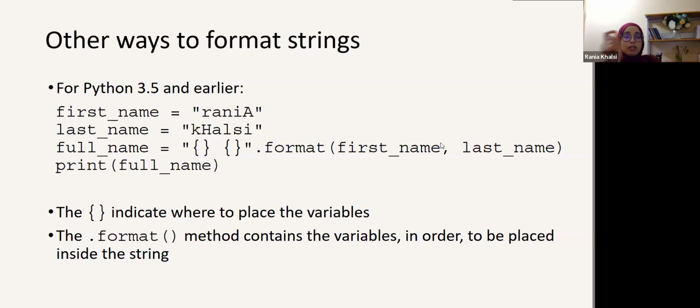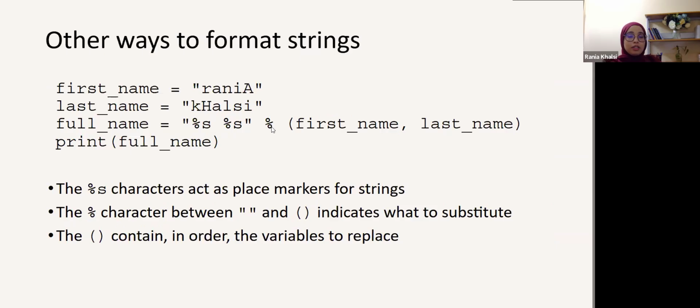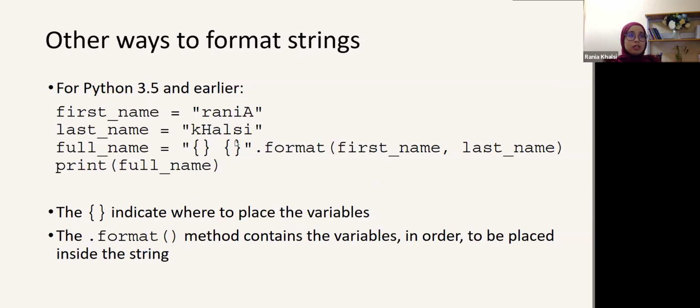Otherwise, imagine having 6 or 7 variables that you need to print in order. The order actually is here. We make sure that this first curly bracket is reserved for the first variable, and the second curly bracket is reserved for the second variable, family name. Okay, so mainly this is it.